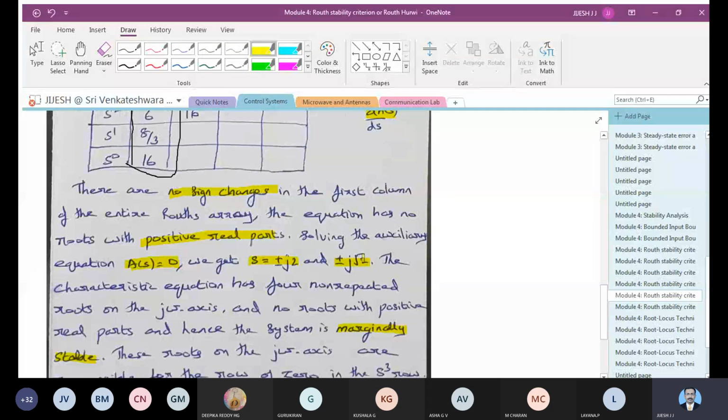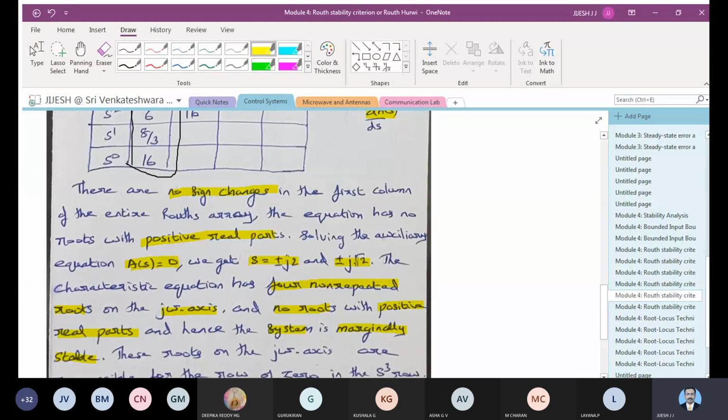The characteristic equation has 4 non-repeated roots. So you can see that it has 4 non-repeated roots on the j omega axis, and no roots with positive real parts. That's the reason we call it a marginally stable system. So what will happen here? You can see ±j2 and ±j root 2.